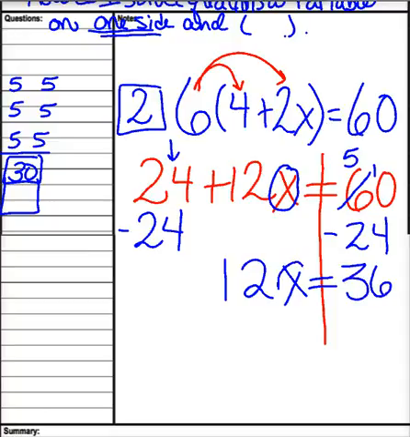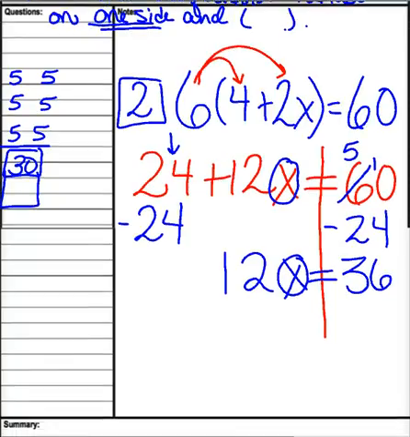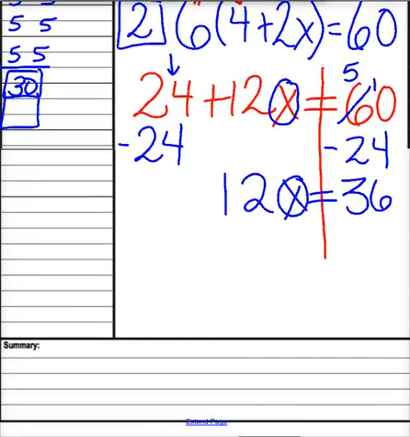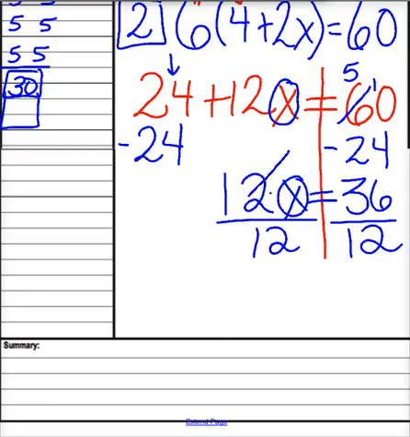And again, I'm trying to solve for x. Now it's 12 times x. It's not 12 plus, so I don't subtract. The opposite of multiplication, which is really what that is, is division. So I divide by 12. The reason that works is 12 divided by 12 cancels, giving me a 1. And I get x is equal to 36 divided by 12, which is 3.